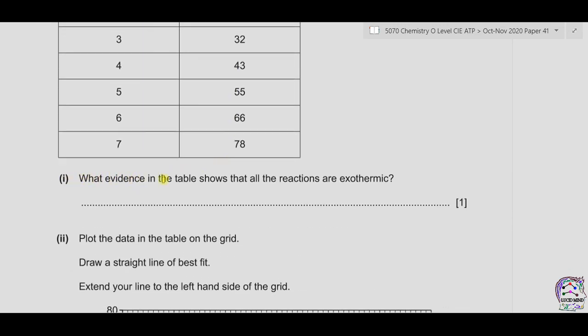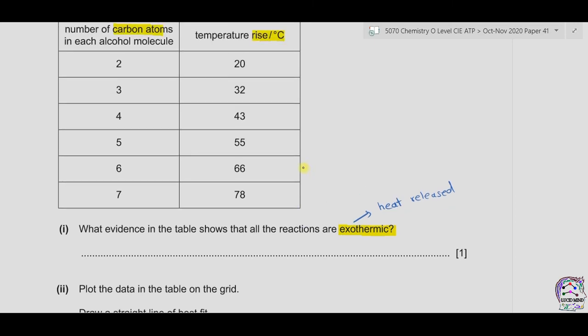Part 1. What evidence in the table shows that all reactions are exothermic? Now exo means outside and therm means heat. So exothermic reactions are those reactions in which heat is released to the surroundings. From the table we can see that temperature rise is positive for all the chemical reactions.